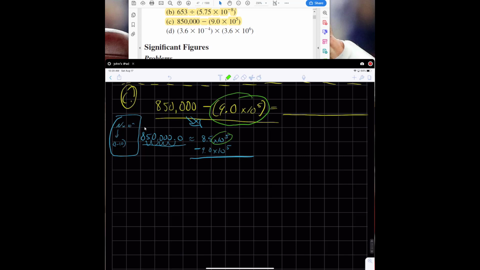Because similar to the addition and subtraction, we want to keep the times 10 to the n exponent the same, because if we do that, if we have these the same, then we can just focus on this part, right? Because this is going to carry, it just carries down to times 10 to the 5.